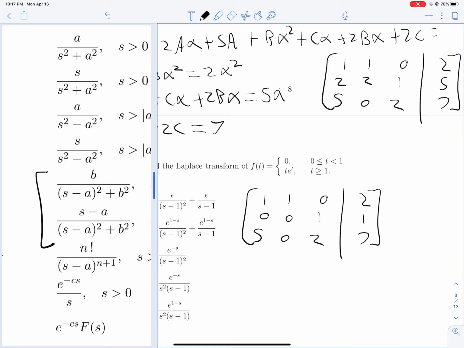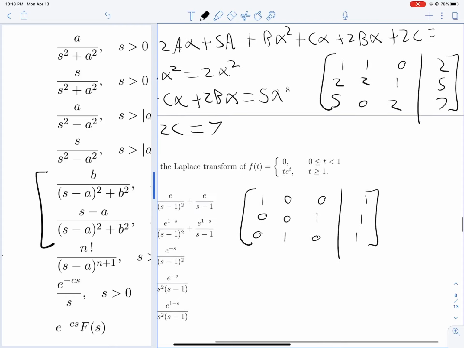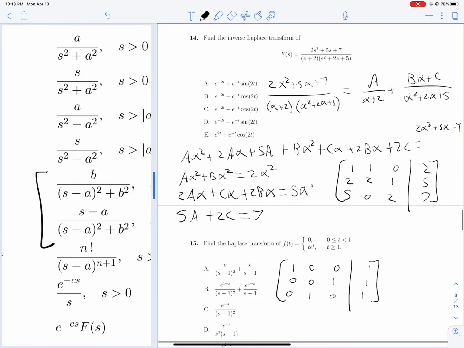Let's subtract 5 row 1s from row 3. 0, negative 5, negative 3. What now? Let's subtract 2 row 2s from row 3. 0, negative 5, so this becomes 1 and 1. And let's subtract a row 3 from row 1. 0, 1. Okay, that's a little boring, but in the end, we get 1, 1, and 1, so that means we can rewrite.